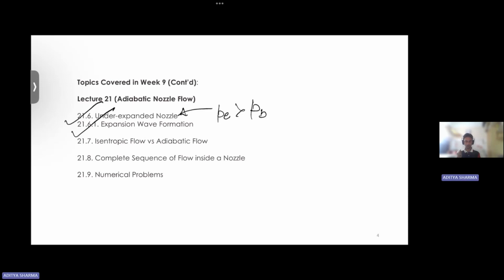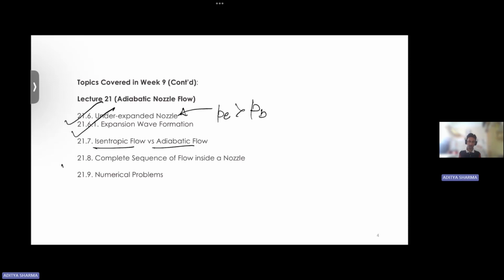So this is the overexpanded case, and then there is the underexpanded case for nozzles. The difference has been shown between these two types of flows, the isentropic flow and the adiabatic flow. How they are different has been discussed.